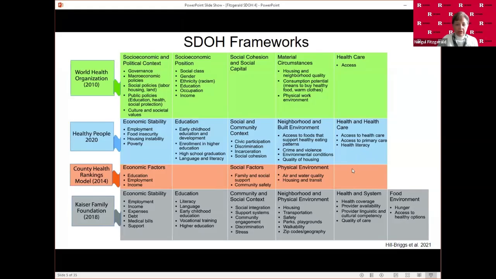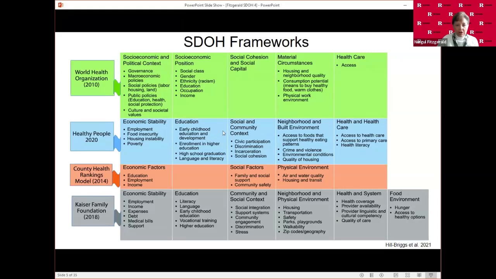All of these, many of them include similar things, but they might be representing, for example, healthcare access seems to be a smaller aspect here, but it is covered in different ways, versus in the model that we use in the United States more commonly includes specific things under the health and healthcare, for example, access to primary care, health literacy, and things like that.